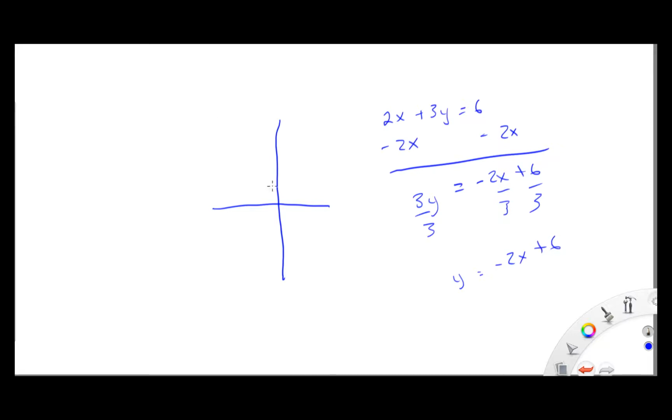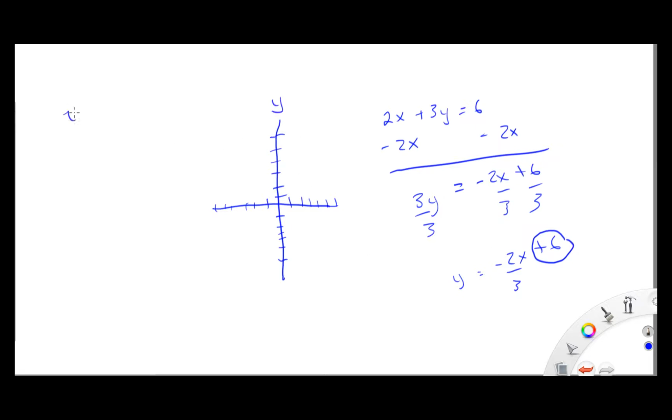Now I'm going to do something a little bit easier. 1, 2, 3, 4, 5, 6. This is called the slope-intercept method. I've got 6 tick marks all the way along. So when I find out what y is equal to, oops, 2 over 3, sorry, I'm going to start with this number, and that's going to go to my y-intercept.